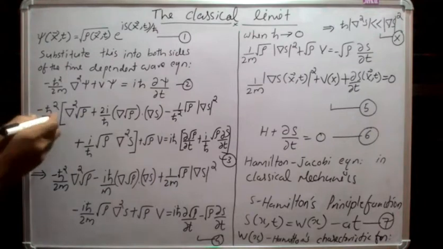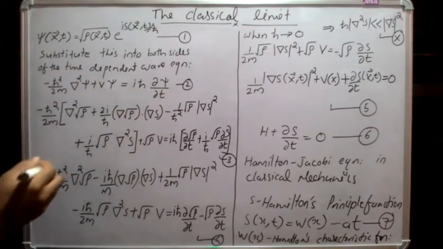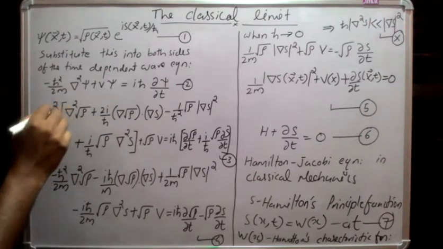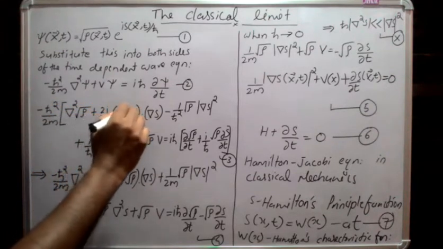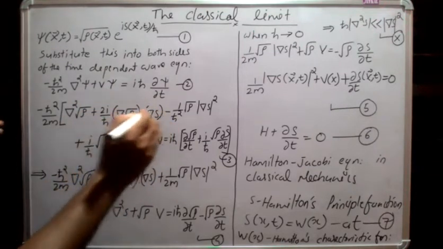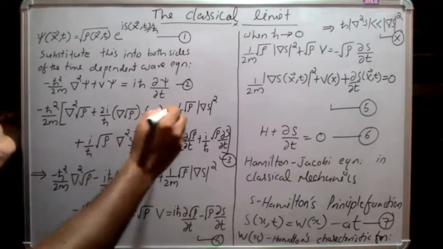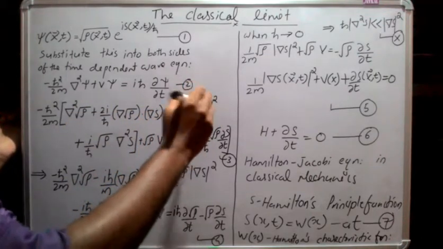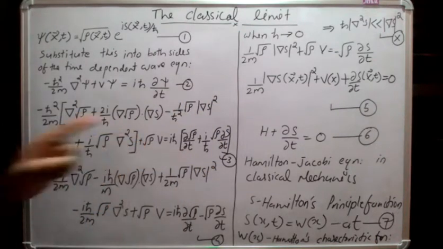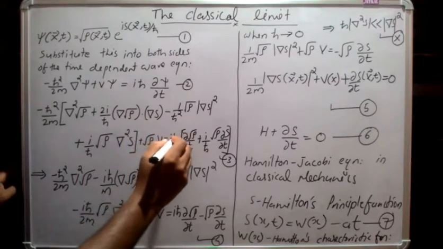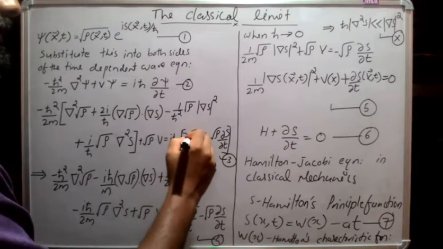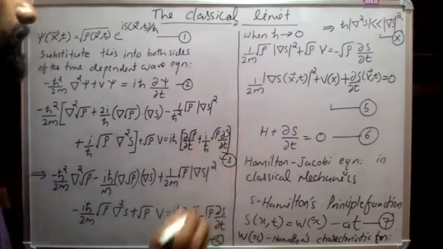So when we substitute this, we get equation 3 as minus h bar squared over 2m del squared square root rho plus 2i over h cross del square root rho dot del S, both being vectors, minus 1 over h bar squared square root rho mod del S whole squared plus i over h cross square root rho del squared S plus square root rho V equal to i h cross in the bracket dou square root rho by dou t plus i over h cross square root rho dou S by dou t.